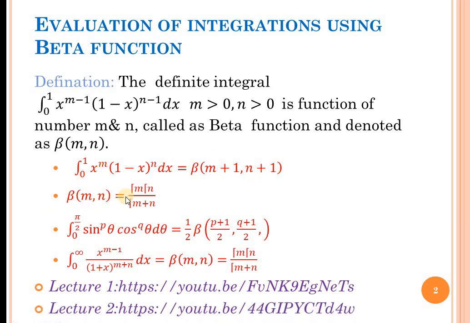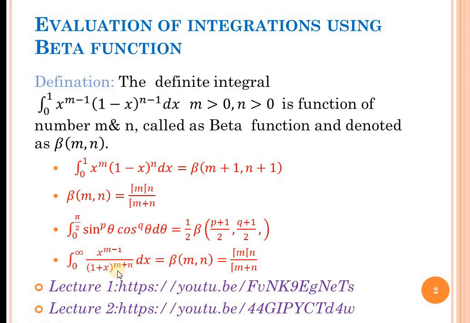Then beta mn is the same as gamma m gamma n upon gamma m plus n. This is the relation between beta and gamma. Then the third property: the value of integration 0 to pi by 2 sin raised to p theta into cos raised to q theta d theta is 1 by 2 times beta of p plus 1 by 2 comma q plus 1 by 2.